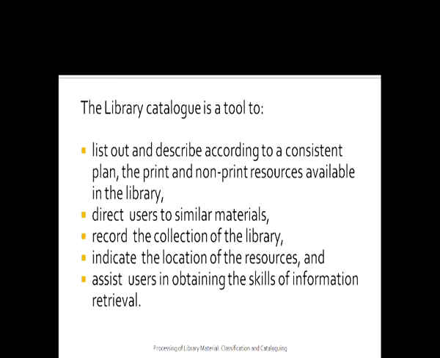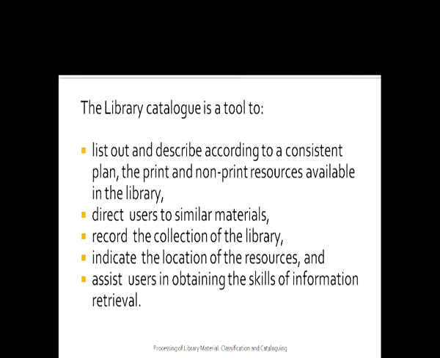The library catalog therefore is a tool that will list out and describe according to a consistent plan the print and non-print resources available in the library. Besides this, it gives directions to the users to similar materials, because whatever documents are on the same subject, the catalog will lead the users to that particular place on the shelf.